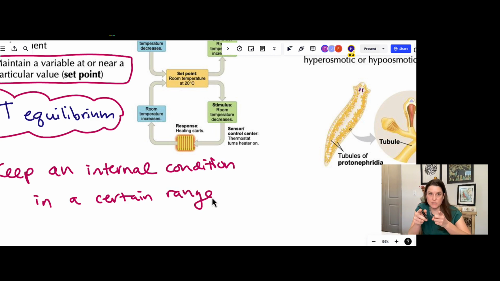So a small temperature range that the body stays at, a small water concentration, a narrow pH range, a narrow glucose concentration range. All those things would be homeostatic states. So you're keeping the body in homeostasis.